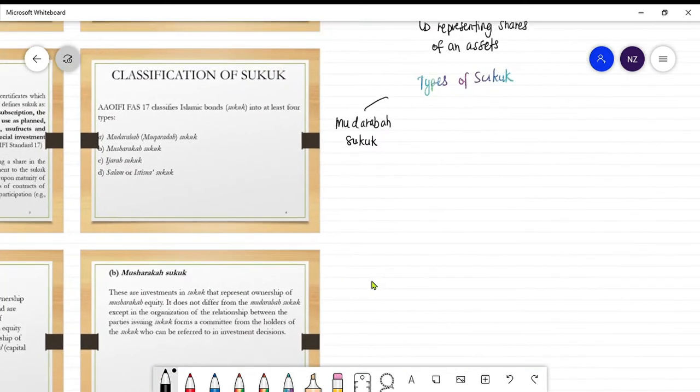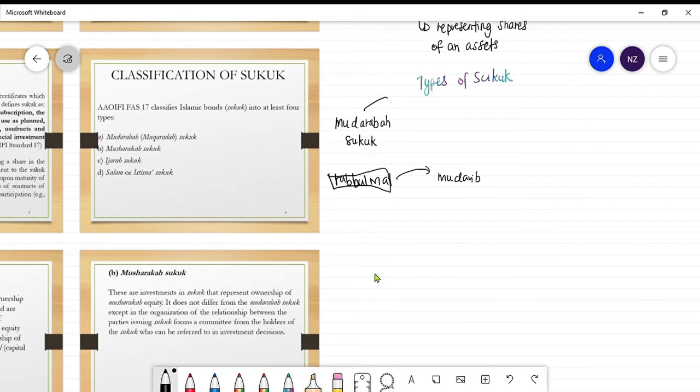Let me draw the structure here. In a mudarabah there is the rabbul mal, who will provide the capital. So he is the capital provider to the mudarib, who will invest in any project. The rabbul mal here, under mudarabah sukuk, is the sukuk holder.